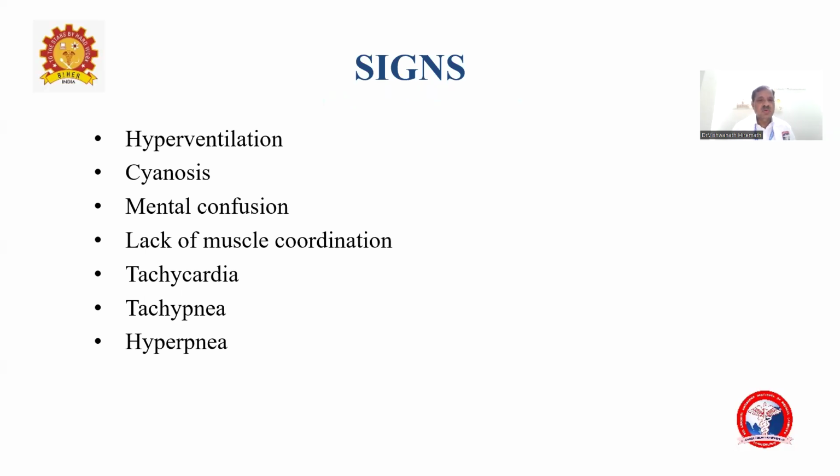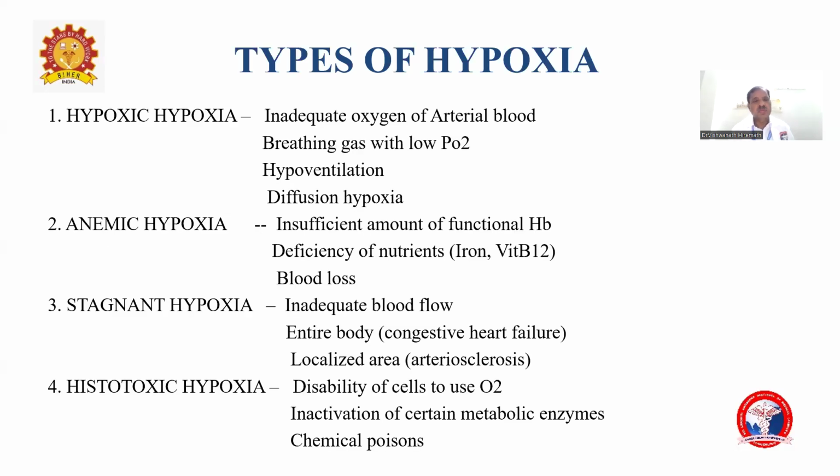Signs of hypoxia include hyperventilation, increased rate and depth of respiration in order to draw more oxygen and supply, cyanosis because of the deoxygenated blood, mental confusion, lack of muscle coordination, tachycardia, tachypnea, and hyperpnea.